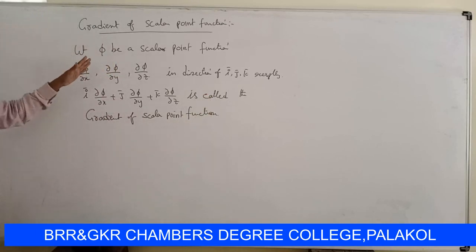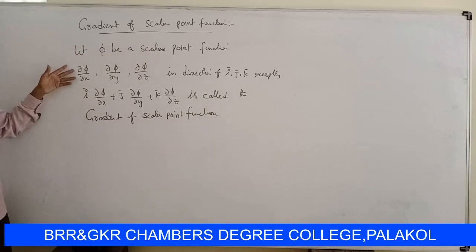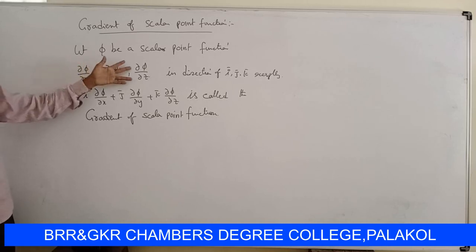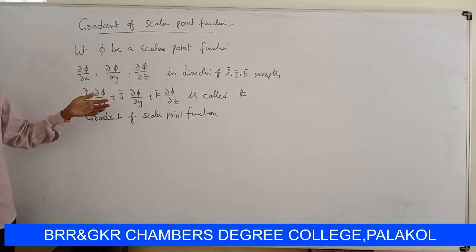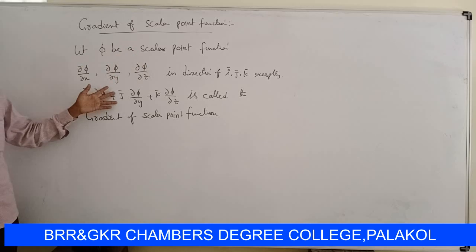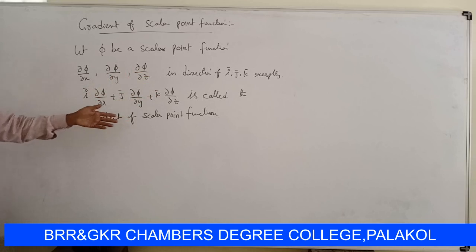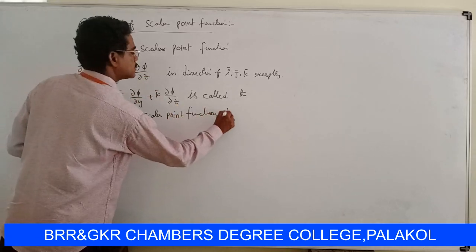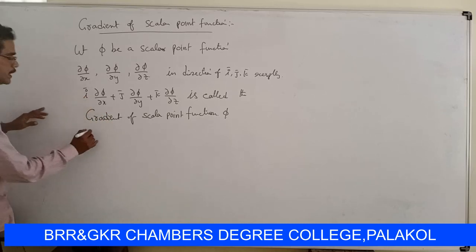So let phi be a scalar point function having the directional derivatives ∂phi/∂x, ∂phi/∂y and ∂phi/∂z in the directions of i, j, k respectively. The vector function i ∂phi/∂x plus j ∂phi/∂y plus k ∂phi/∂z is called the gradient of the scalar function phi.